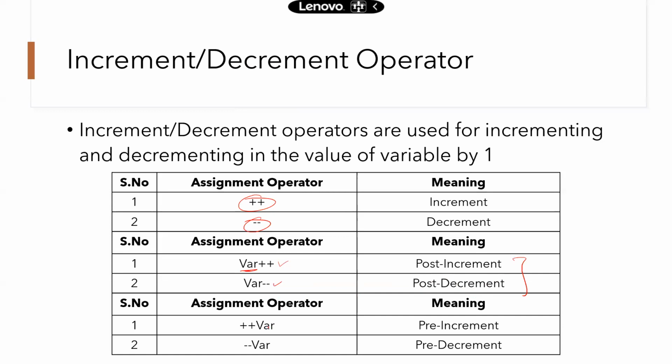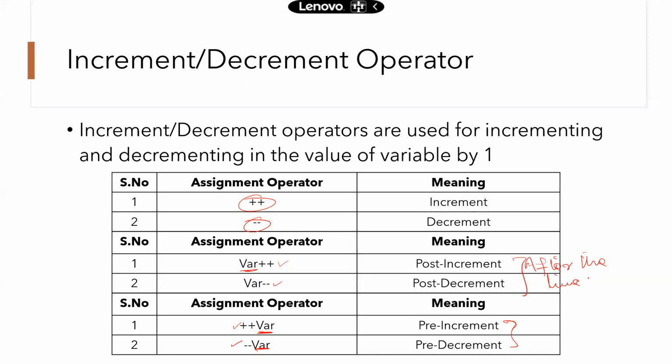If the variable has a plus plus or minus minus sign just before it, that becomes a pre-increment or pre-decrement. Remember one thing: if we are calling a post-increment or decrement, it is going to increment the value of the variable after the line has been processed.